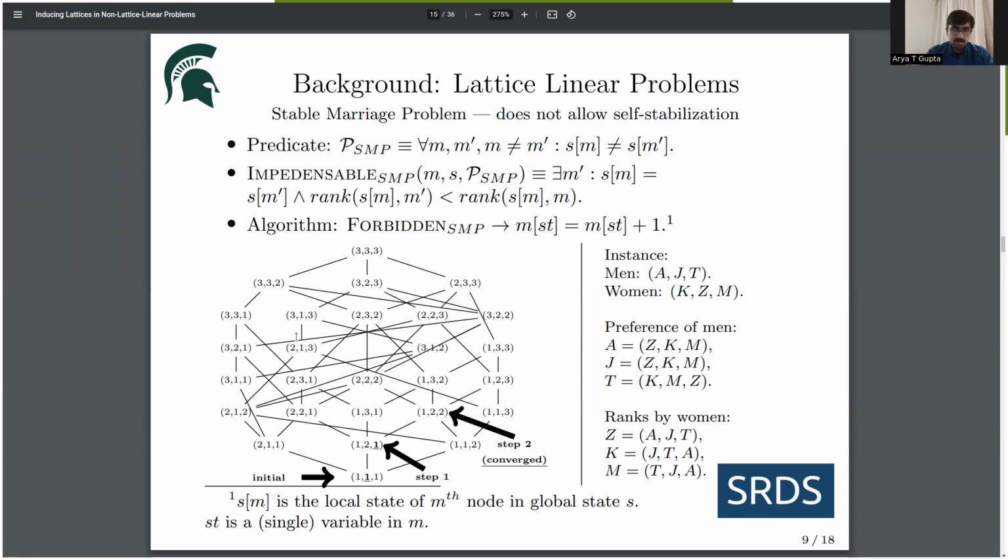And as a result, we see a lattice being induced among the global states. Another property that we see is that this system has to start from the state 111. The initial state has to be 111. Otherwise, we might not be able to reach the optimal global state, which is 122.